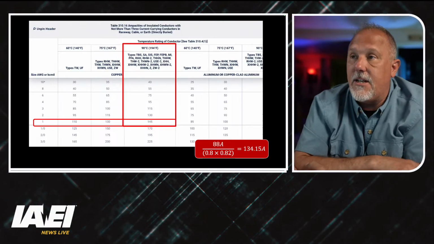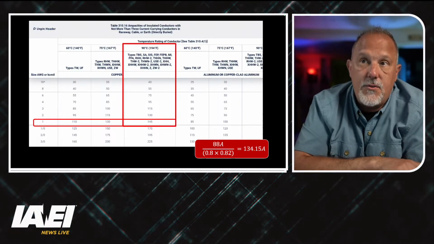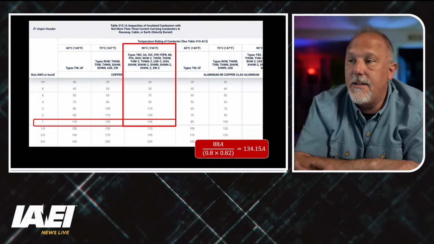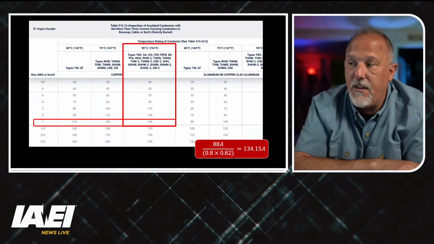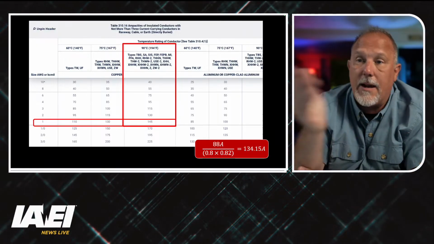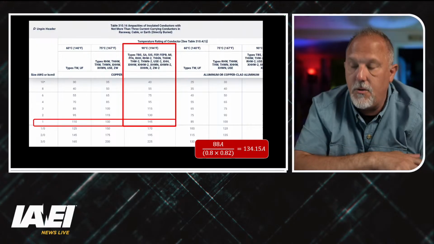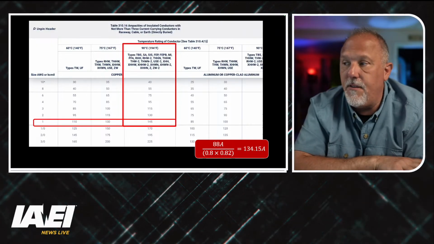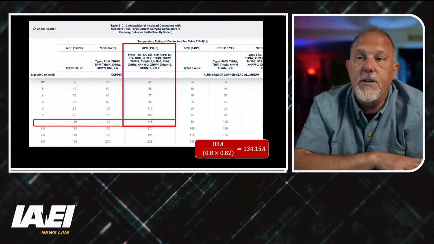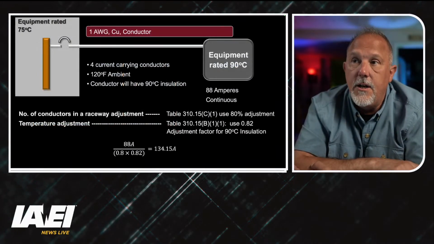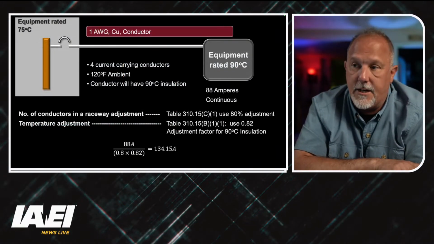That's my 90 degree C column. I go to a 1 gauge, gets me to 145 amps, which is greater than 134. I can't pick a number 2 because that's only 130 amps. So I need to be able to handle that 134.15 amps, which is a 1 gauge conductor. So now I'm at a 1 gauge copper conductor.